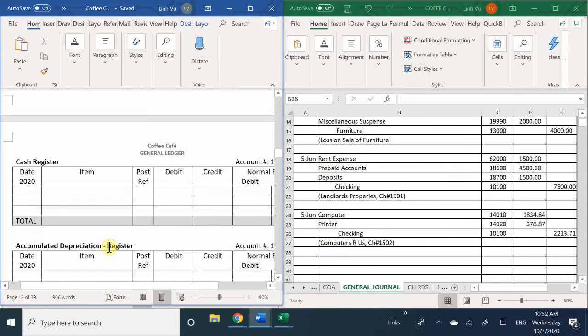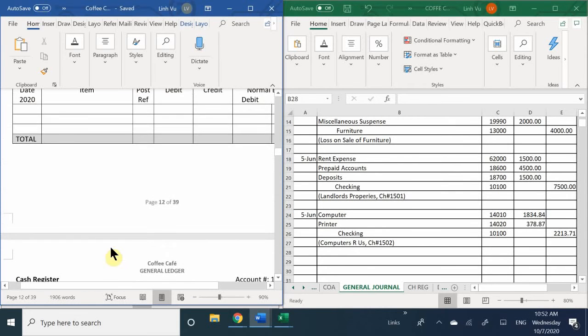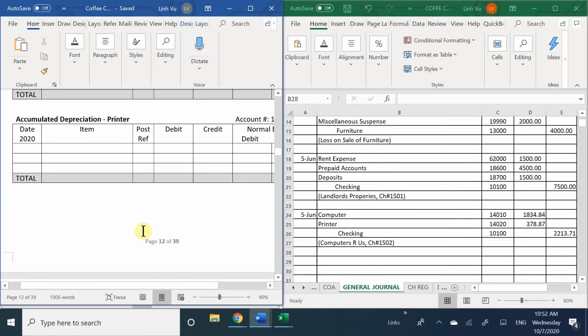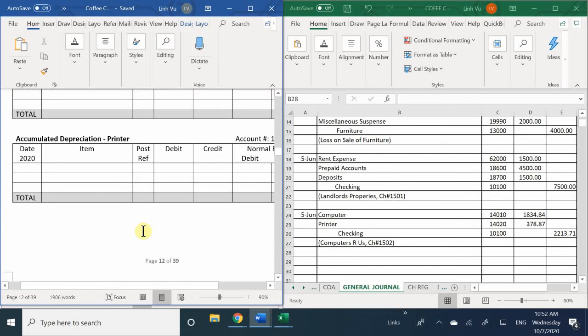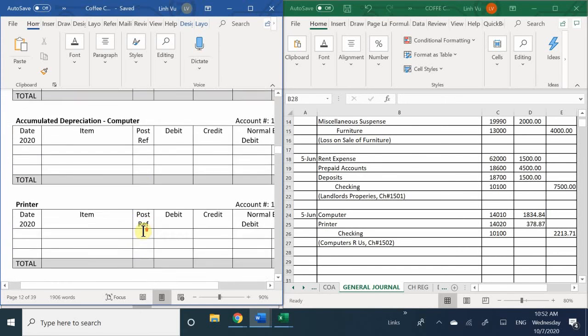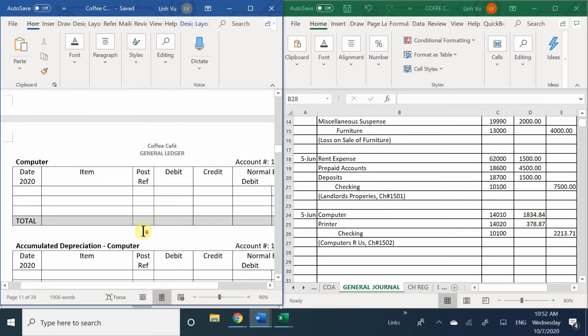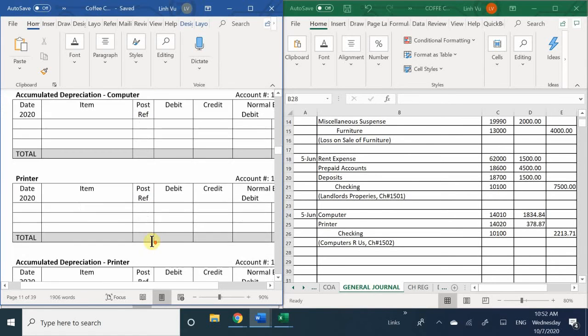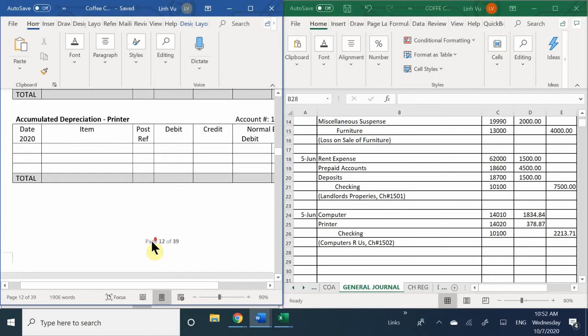Lynn, is there any way you can enlarge your screen? On which side? Both. I can't see any of it. I just see a little square in the middle. Oh, okay.